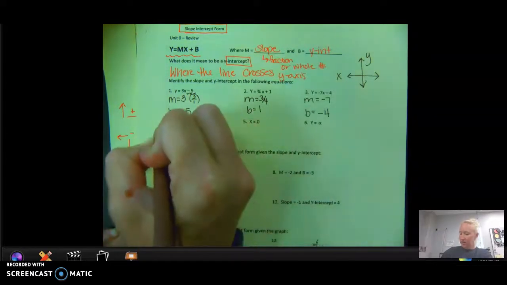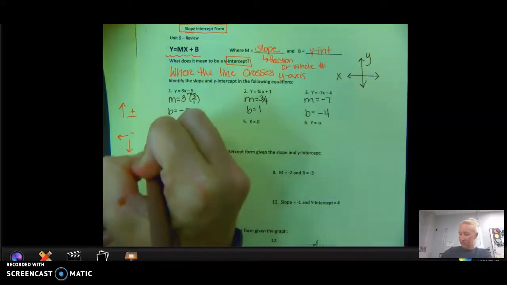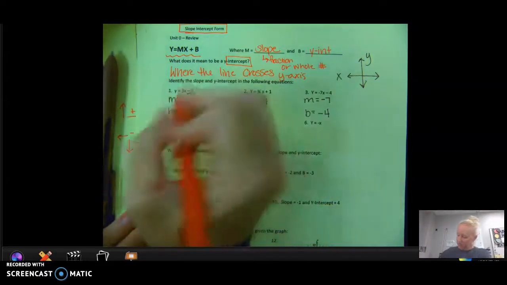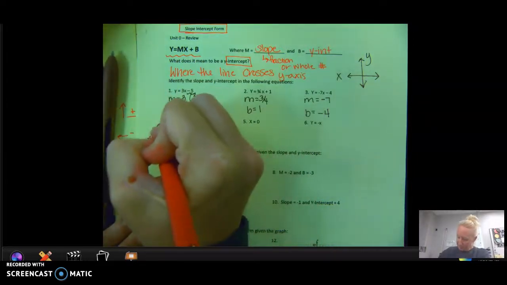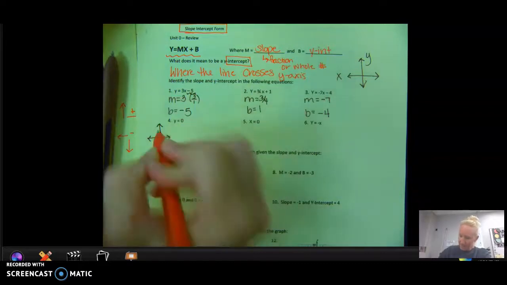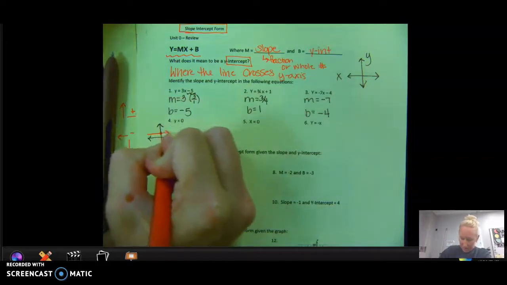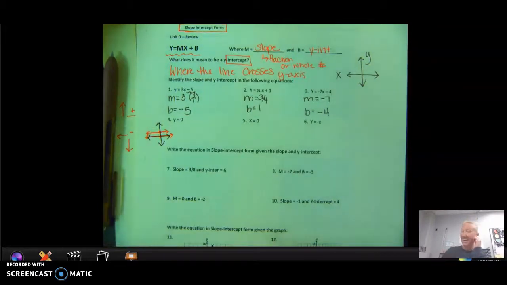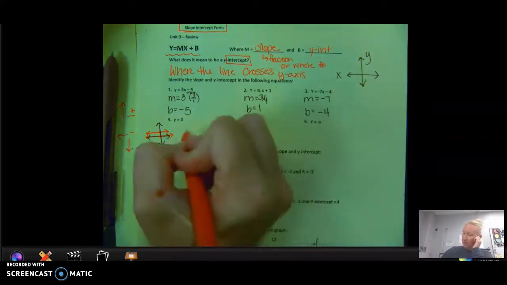Now the line y equals 0. If I think about a coordinate grid here, say y equals, let's say it's not 0 but y equals 3, that is a horizontal line. So I'm talking about y equals 0, so it is actually on the x-axis. It's kind of backwards of what you would think. So what is my y-intercept?